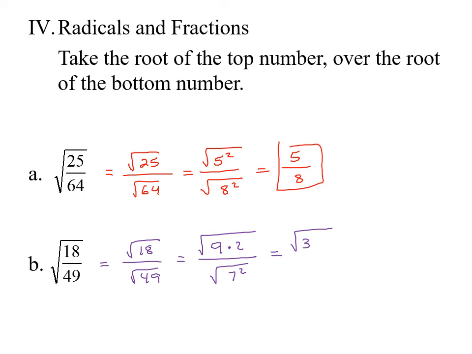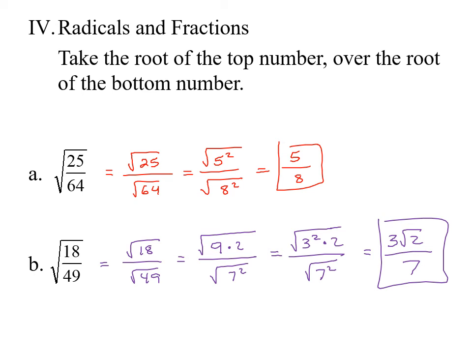But 9 is 3 squared. So the squareds match the powers of the radical, so I can move it out front. So this becomes 3 times the square root of 2 all over 7. So instead of doing my factor tree off to the side, I did it along the way on the top.